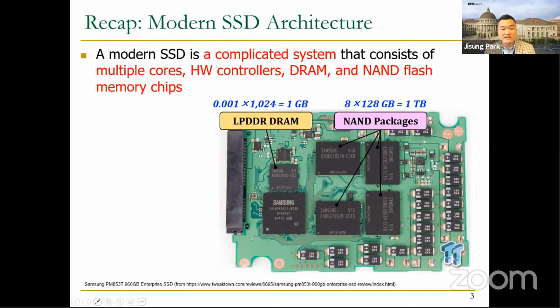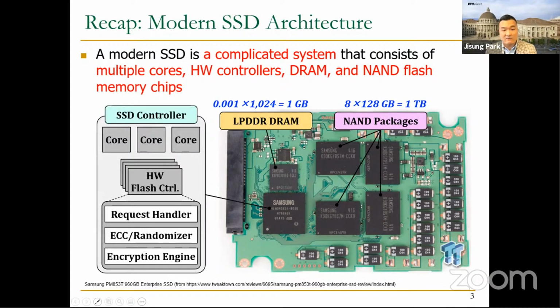There also exists LPDDR DRAM, whose size is typically 0.1% of the SSD capacity. So in this case, it's 1 gigabyte. And a powerful SSD controller manages the DRAM and NAND flash using multiple cores and hardware flash controllers to service the I/O requests from the host systems.